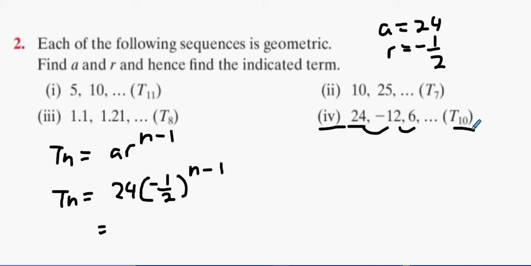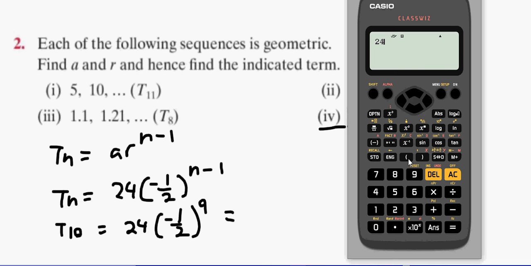What does it want from me? It wants T10, doesn't it? So what's T10? Ten minus 1 is 9, isn't it? Anybody care to give me that answer? It's 3 over 64?